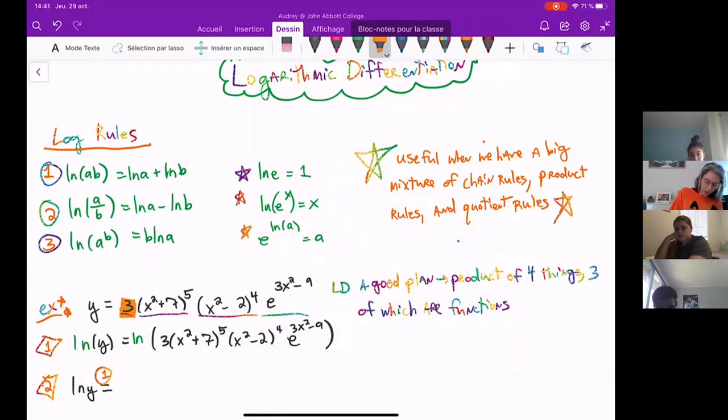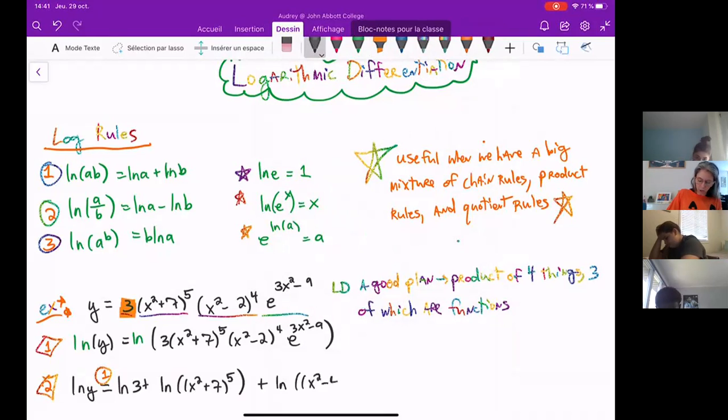So I'll have ln 3 plus ln of x squared plus 7 to the 5th plus ln of x squared minus 2 to the 4th plus ln of e to the 3x squared minus 9.